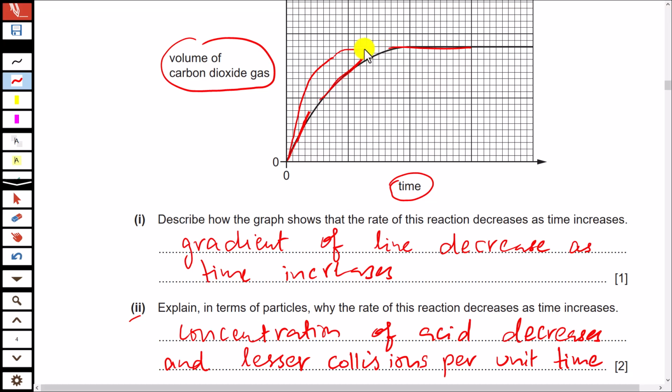But be careful, you don't have to take this line above the previous one, because the volume of carbon dioxide obtained is still the same, but it only proceeds at a greater rate. So you have to make the line steeper, but end it at the same level that it was ending previously.